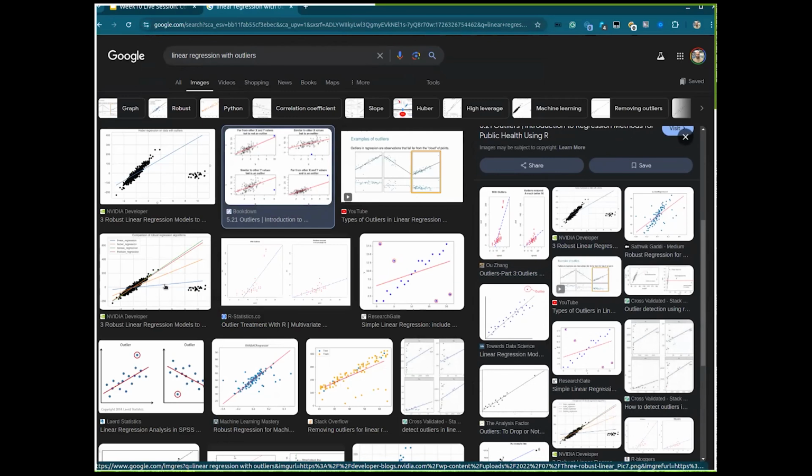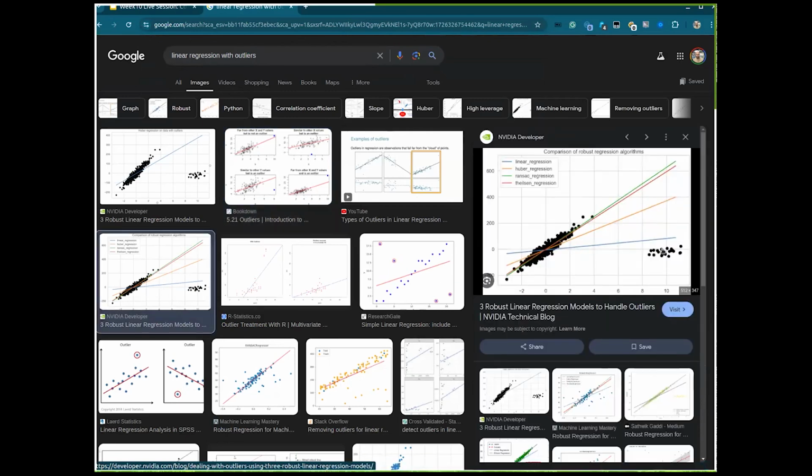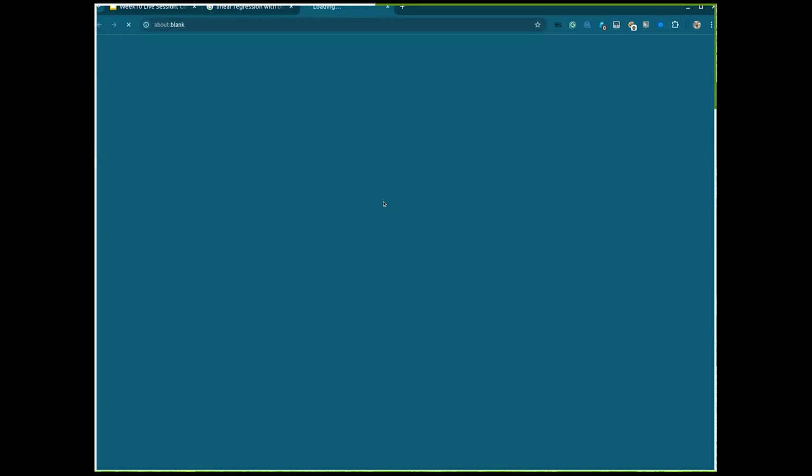So you can see here, there's a linear regression, which is the blue line.